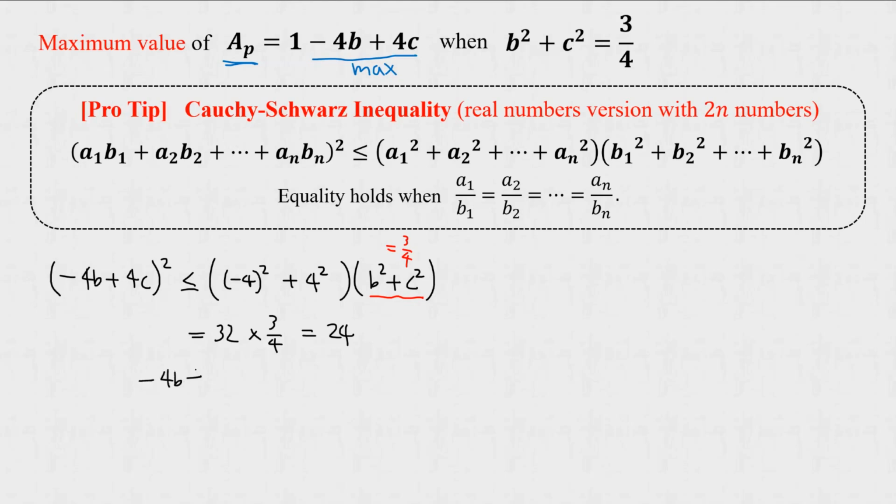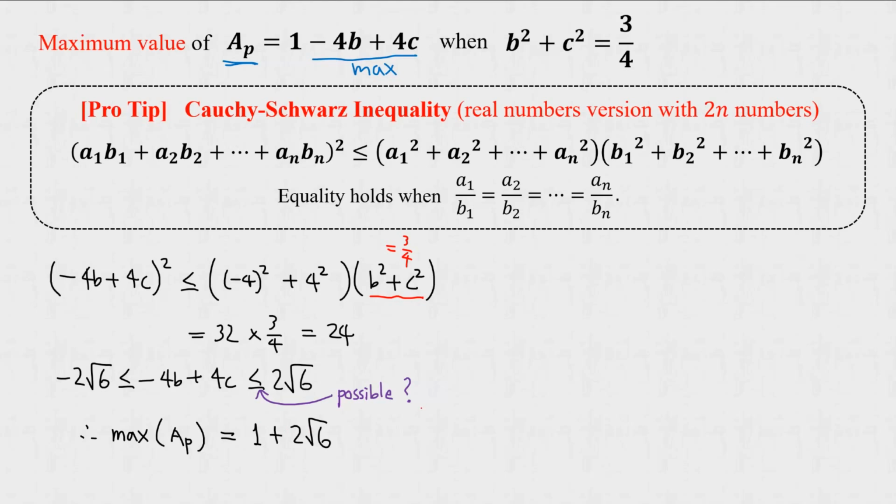This gives minus 4b plus 4c is greater than or equal to negative 2 times square root of 6 and less than or equal to 2 times square root of 6. This suggests that the maximum value of AP is 1 plus 2 square root of 6. But is the equality possible?